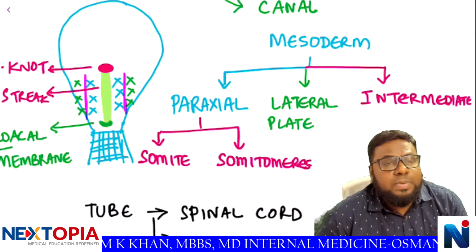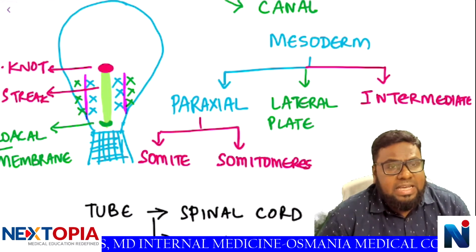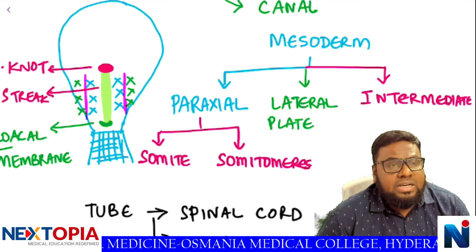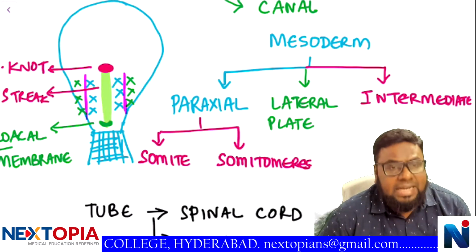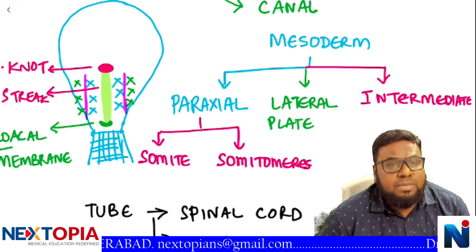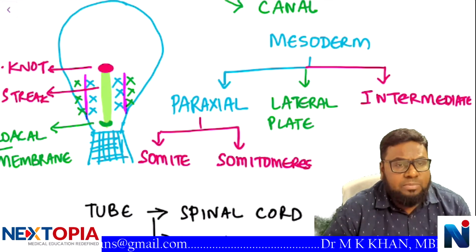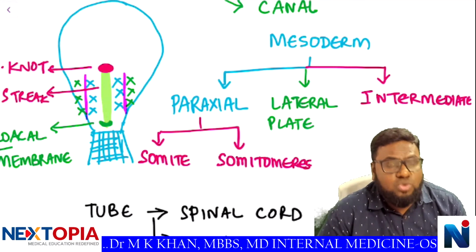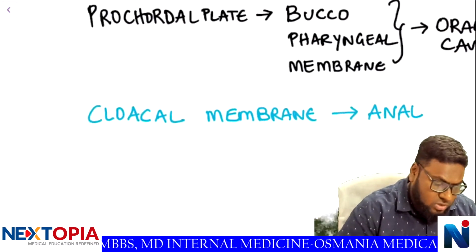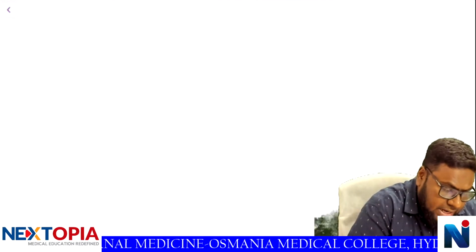Somites are cubical and distinctly segmented areas, and somites are usually formed in the cranial aspect, and they progress caudally from cranium to caudally. There are 44 pairs of somites. There are 7 somatomeres and 44 pairs of somites. I'll write it again.